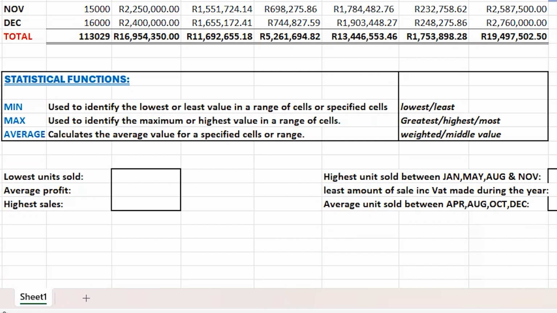Then we have the average function. The average function calculates the average value for a specified sales or range. If I'm looking for the weighted or the middle value, then I'll be referring to the average function.